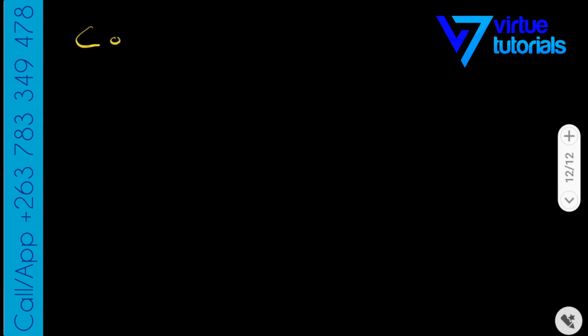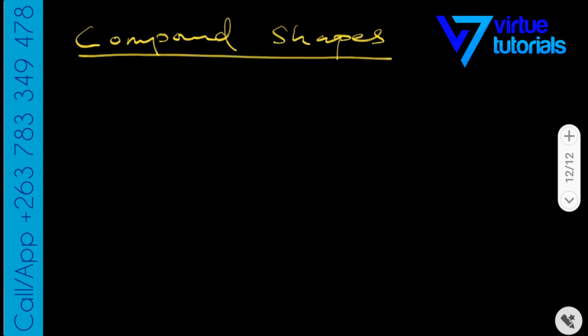Okay, so let's talk about compound shapes. A compound shape is just a combination of two or more shapes.